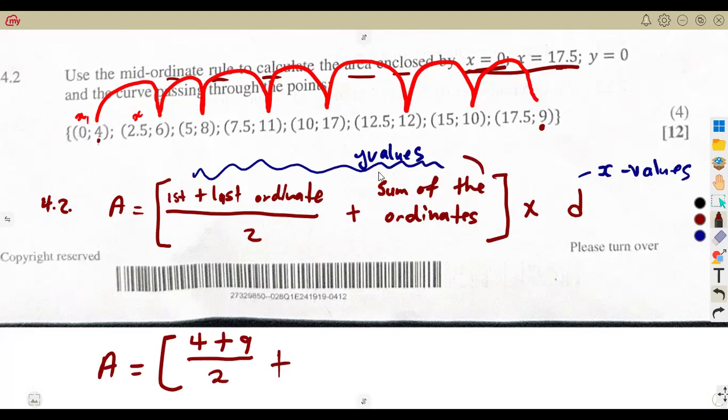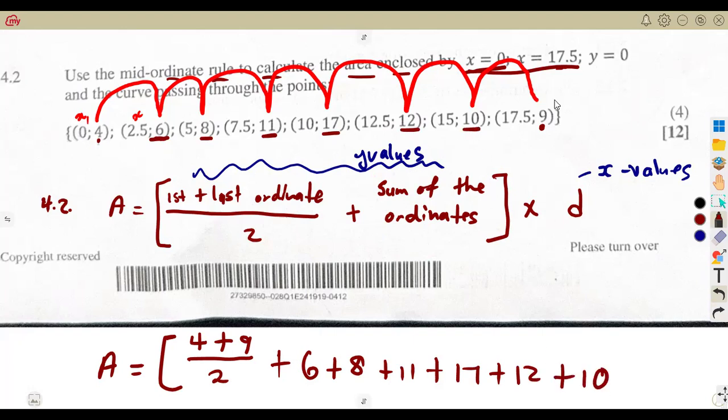Plus the other ordinates, which are the remaining ordinates. What are we remaining with? 6. We take the y values there, we've got 8, there we've got 11, plus 17, plus there's a 12, there's a 10. These are the remaining ordinates. Remember, this is our last ordinate.